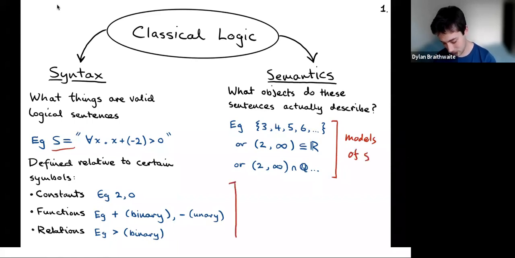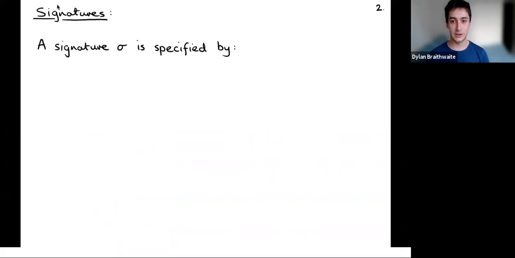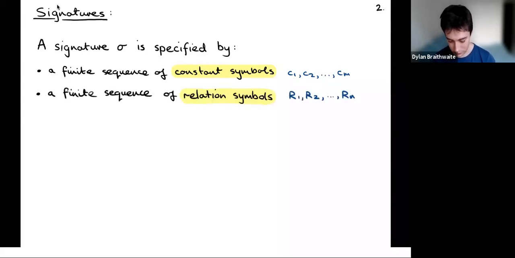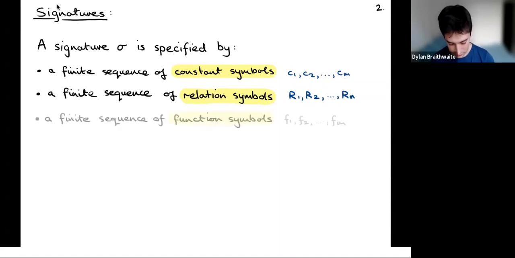And this thing that I've specified over here is called the signature of the logic, and that's usually written as a sigma or other lowercase Greek letter. More formally, the signature is given by a sequence of constant symbols, a sequence of relation symbols, and potentially a sequence of function symbols, but I've written this grayed out because often we'll just want to ignore it, especially because you don't really need them in your logic.